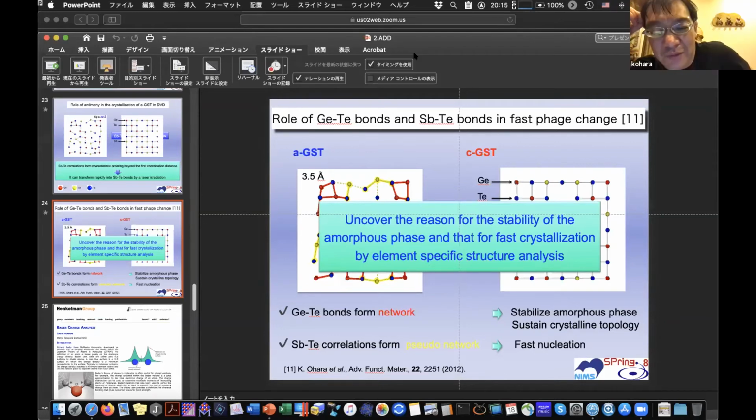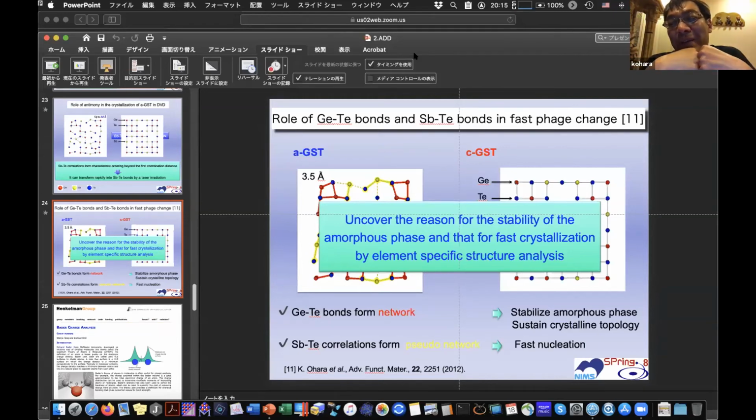Yeah, but this is my opinion. A vacancy doesn't provide any diffraction peak because there is no atom. But I think around a vacancy there is a network of silicon-oxygen.